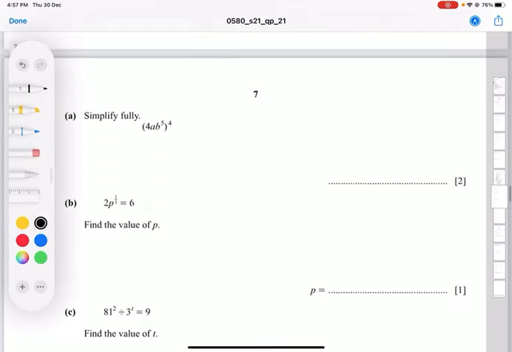Now we're going to continue to question 11. It asks you to simplify an exponent, 4ab to the 5th power all to the 4. So the rule is that you need to distribute the power into all of these. So (4ab^5)^4 equals 4 to the 4th, a to the 4th, b to the 5th to the 4th.